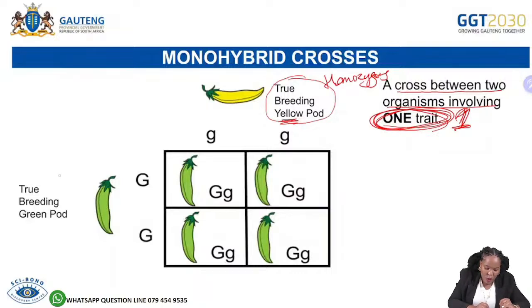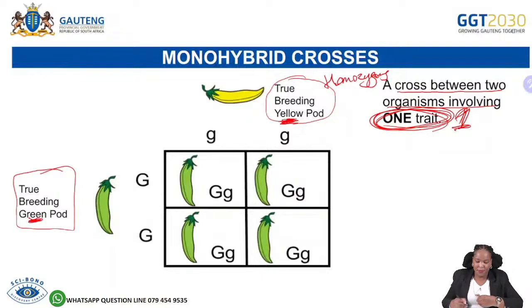Right. Then with a true breeding green, so we are crossing a green pea, we are now Mendel, green pea with yellow pea. Because they said they are true breeding, it means they are homozygous here.